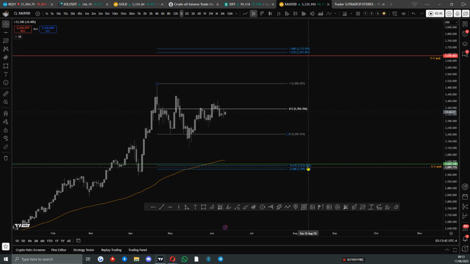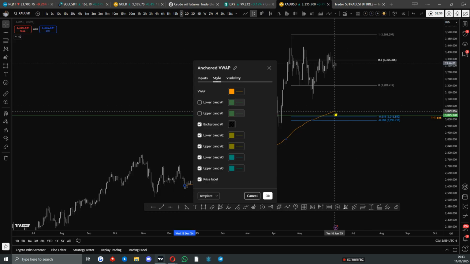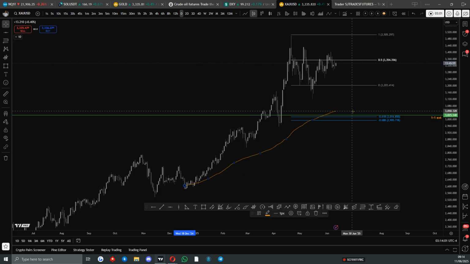Obviously, you can see quite clearly this aligns really well with our one-to-one extension, and also we have from the low, which is from the 17th of December, from this big move to the upside, basically from the start of the year, the anchored VWAP also sitting down at that 3K level.